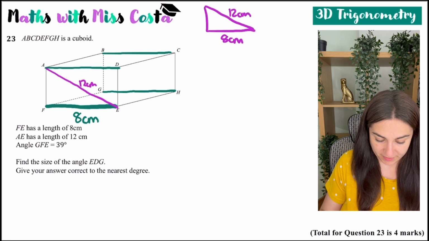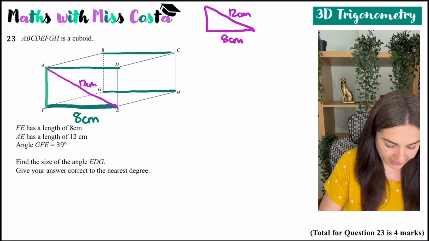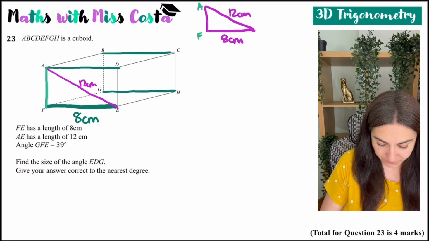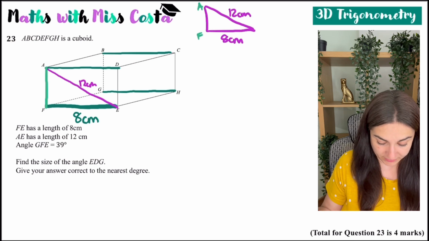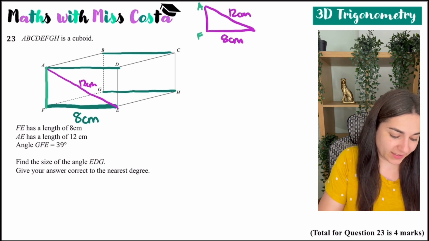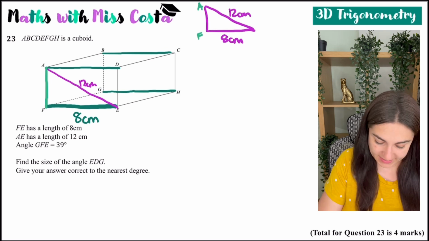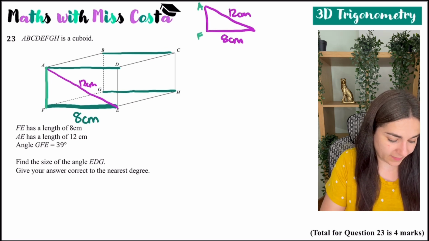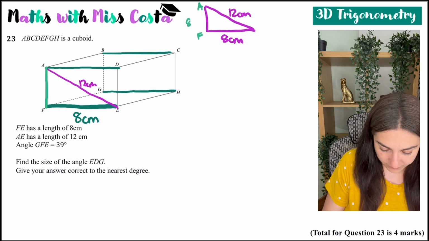And I could use Pythagoras to work out what this length here is, if I should need to. I'm guessing I most likely will. So I'm just going to work it out. So 12 squared, take 8 squared equals 80, and then the square root of 80 is 8.9.